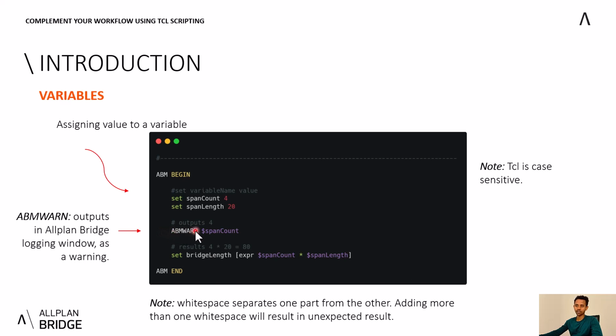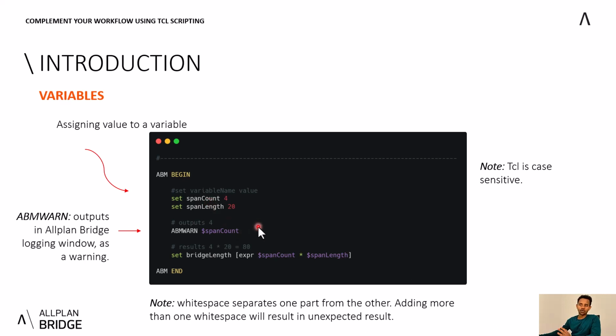As written here, this will output the argument you put next to it in the Allplan Bridge log window as a warning. So if we say ABM warn $span count, this will be shown in Allplan Bridge as a warning with the value 4, because we said we want to access the value of span count.